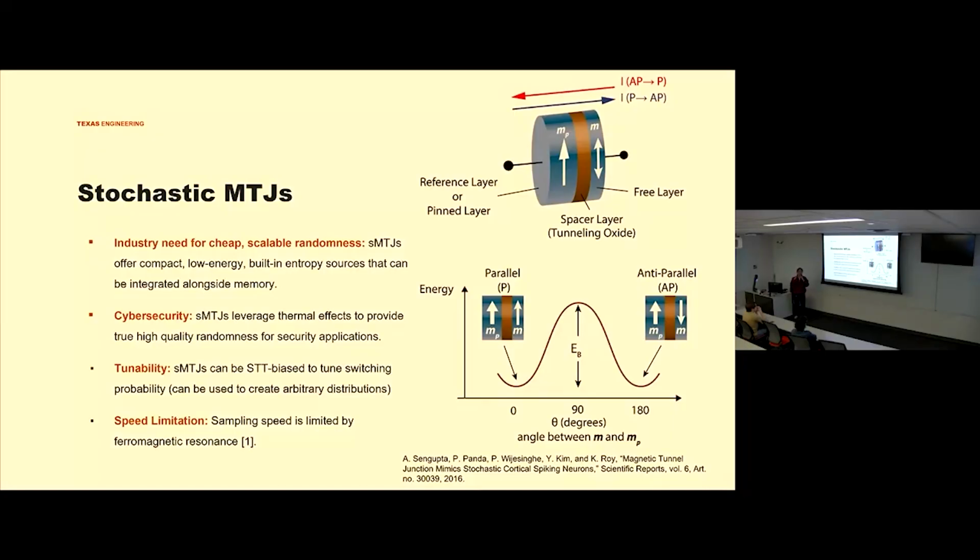You can directly sample from, let's say, a normal distribution. But the main limitation I wanted to talk about is the speed limitation, where sampling speed is limited by ferromagnetic resonance, which Shafin actually talked about briefly in his presentation.